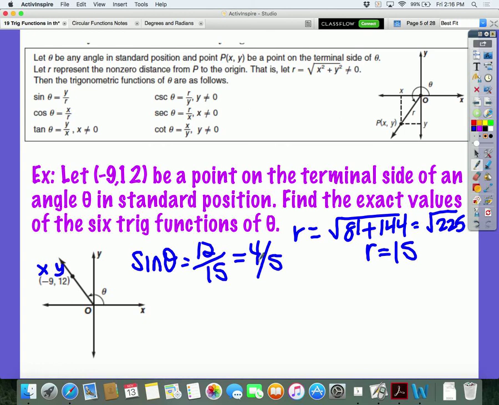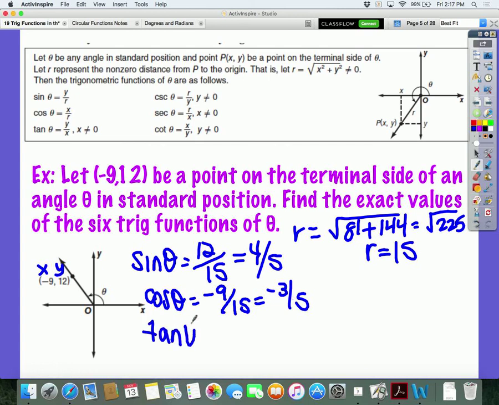Cosine theta is x over r, so it's going to be negative 9 over 15, which reduces to negative 3 over 5. Okay? Yes, we do want cosine to be negative because wherever our point's located, our x is negative. So anything that involves that x, and doesn't multiply with a negative denominator, is going to be negative.